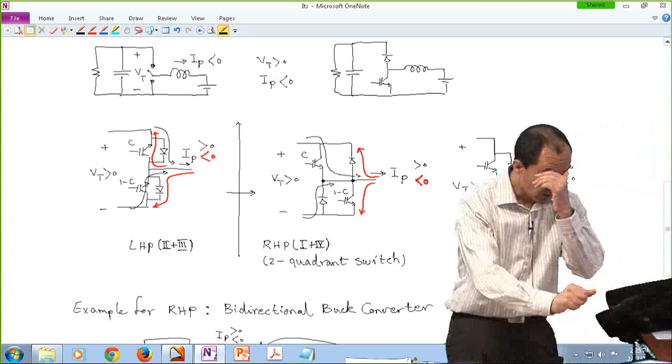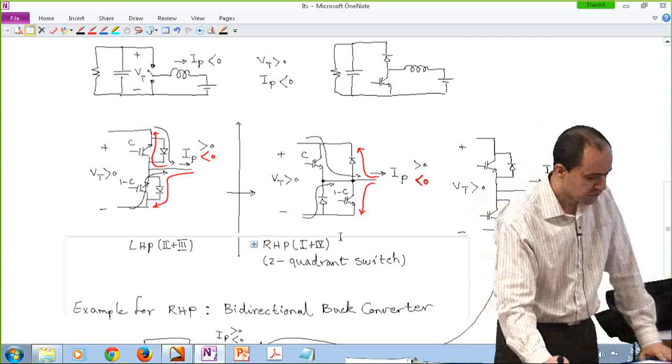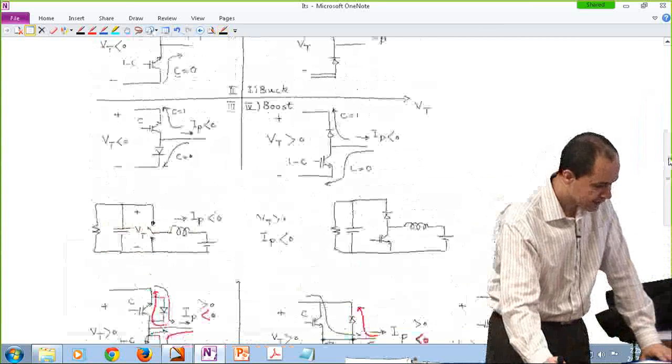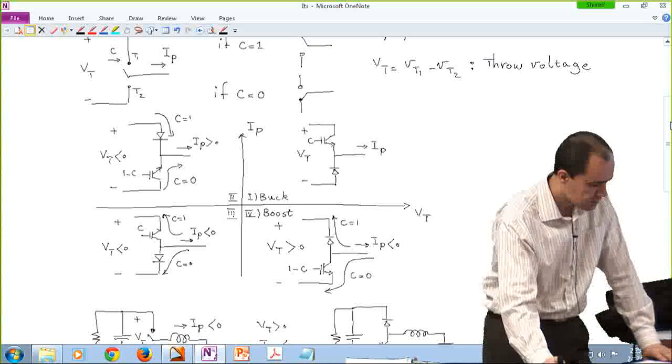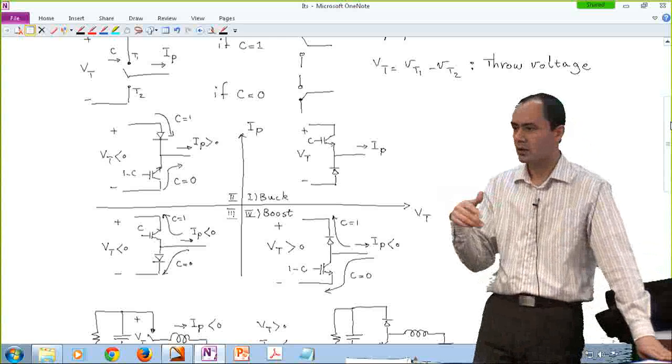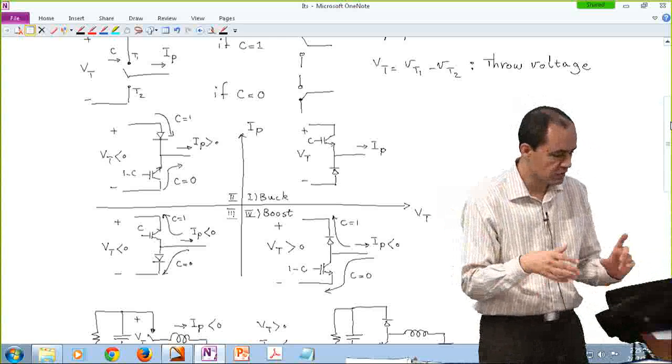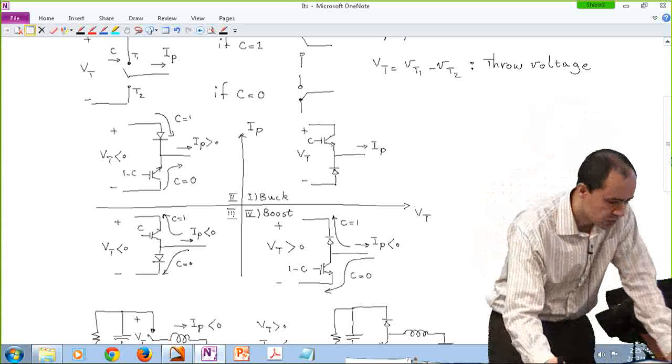All right. Now we are trying to combine first and second. And remember, in this case, voltage is bipolar, but the current is positive. So you have to put elements in series with each other. So let me draw it.